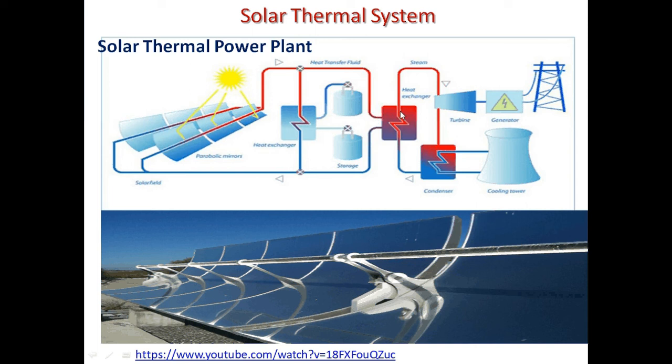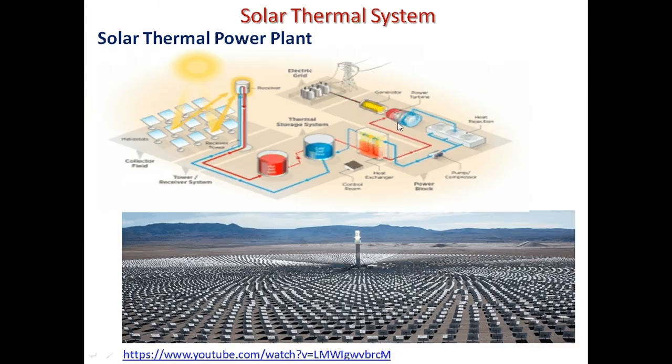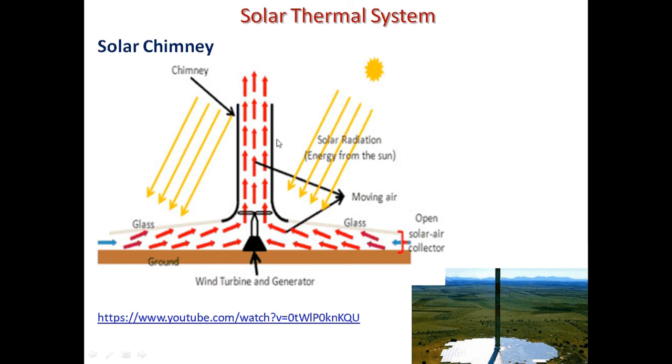Similarly, in this case, we just heat the salt. These are the storage tanks, so you can store the heated salt here, and then you can use it for the heat exchanger even in the night. Even here, what they do is install pipes which contain water in the ground, and this pipe is also heated during the day.